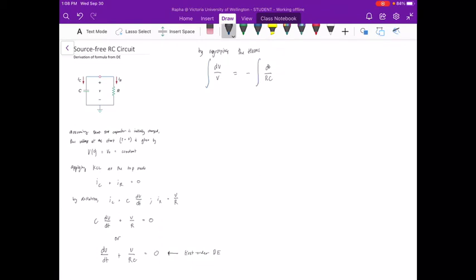Integrating both sides will yield: dV over V will become ln of V. That's one of the types of integration formulas that you've encountered. Then equal to negative t over RC plus ln A, in which A in this case is our integration constant.